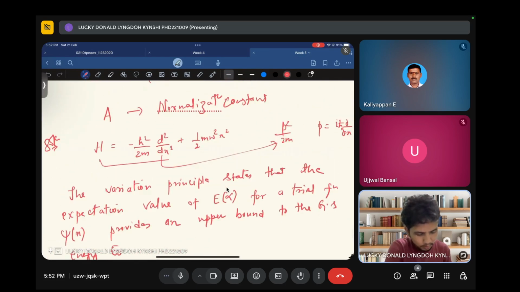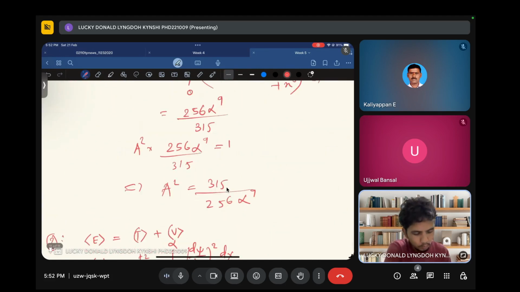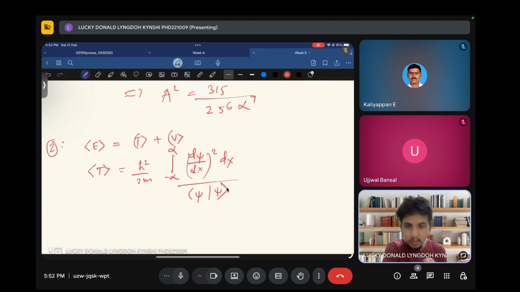Your first term is in fact kinetic energy. So you just need to find out the expectation value of T. Here we assume the wave function, you find out the energy, which is kinetic energy plus the potential energy, and you find out the expectation value of that. So this h cross square by 2m we got by substituting it from your main equation.